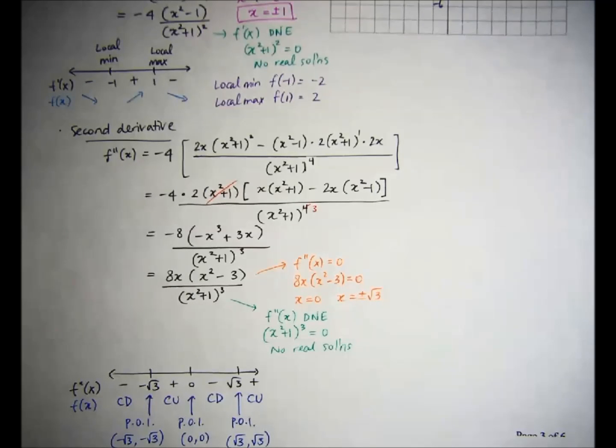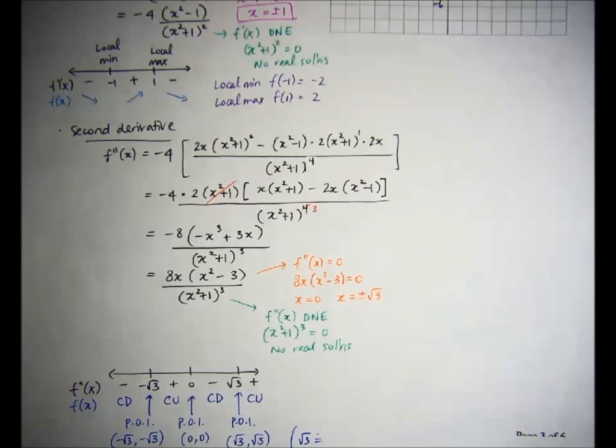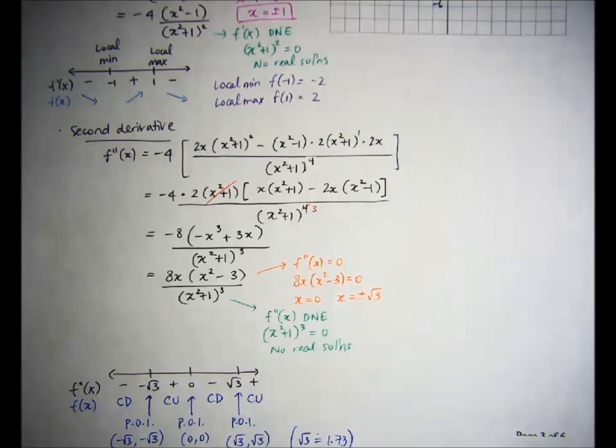Okay? So now that we have these points of inflection, we can also graph them. For the purpose of plotting, just make sure that you know that root 3 is approximately equal to 1.73. So a little bit easier to plot your points that way.